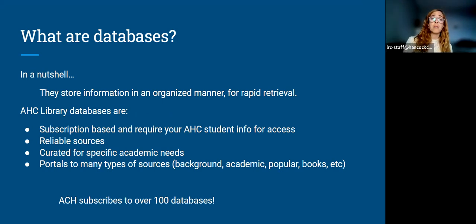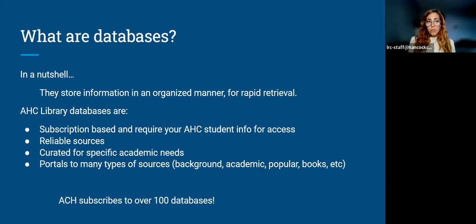The library databases are subscription based. That's why we need your student ID for access. The library pays these fees so that you have the best resources available. They're reliable sources, so it's different from just going online and looking for information in Google, because there's already been a filter of going through resources and making sure that they're credible, good, reliable sources.